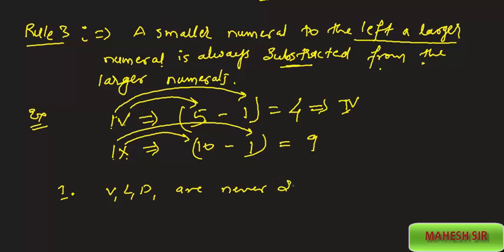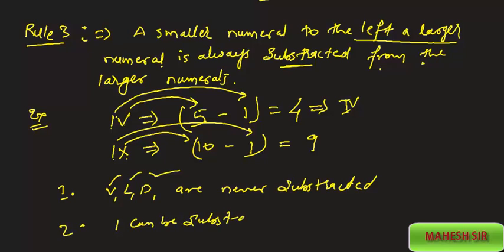Okay, these symbols V, L and D are never subtracted. And the second precaution is: I can be subtracted from V, meaning from number 5, and X only.